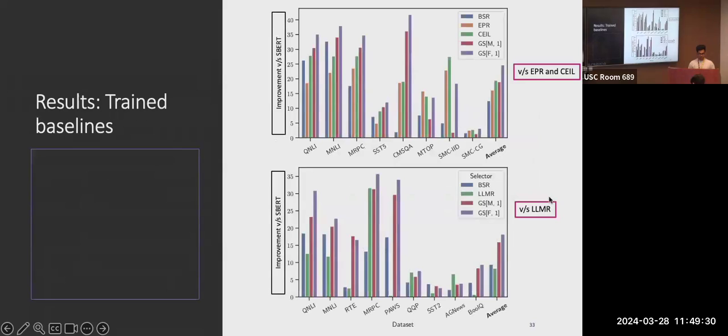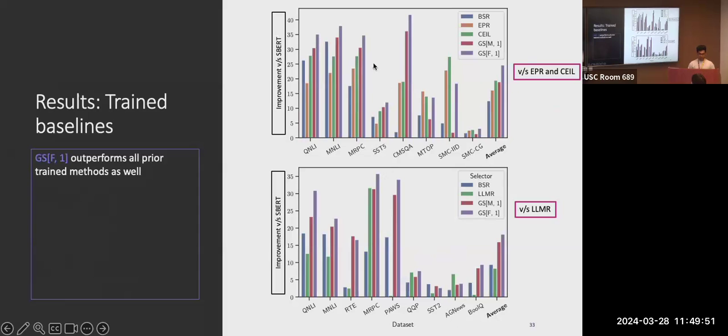We also compare with trained baselines. At the top, we have a comparison with the EPR and SEAL methods I showed earlier on a few specific datasets. And at the bottom, another trained method. Again, it trains with feedback from a large language model, Llama in this case.